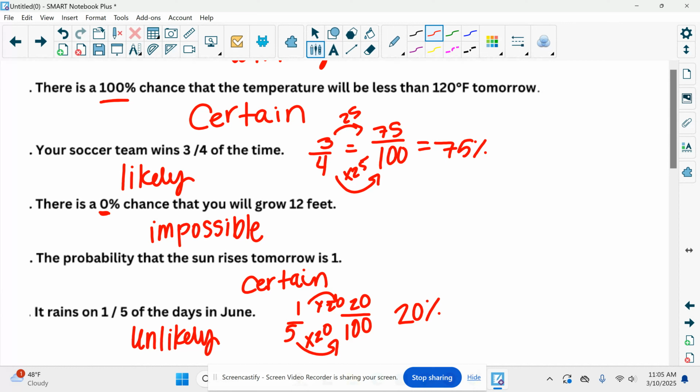On your homework, numbers 1 through 2 are the try it with the tiles.